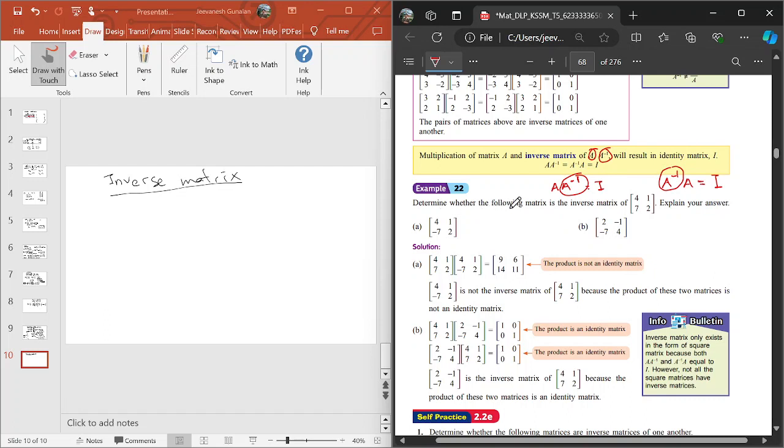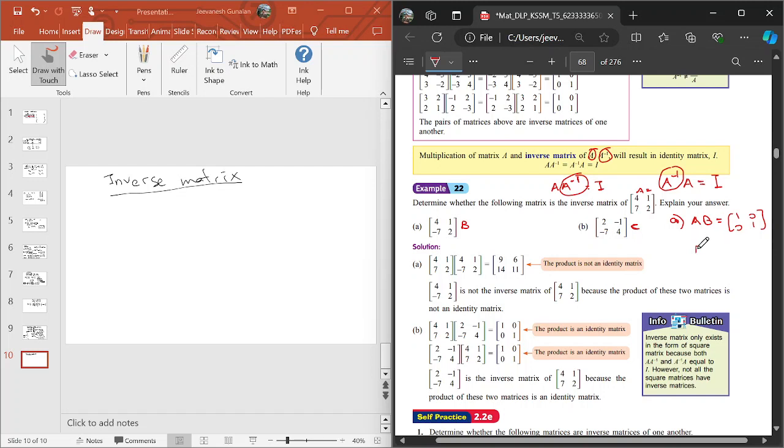So now determine whether the following matrix is the inverse matrix of this. So let's say this is A and this is B and maybe this is C. For the first question, I take A and multiply with B, and now I need to get 1100 because this is 2 by 2 and 2 by 2, and the result should be a 2 by 2 also.